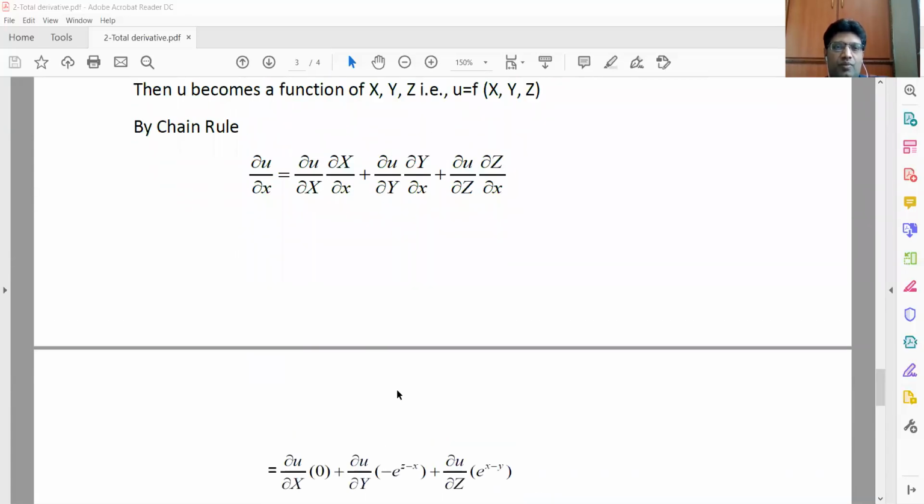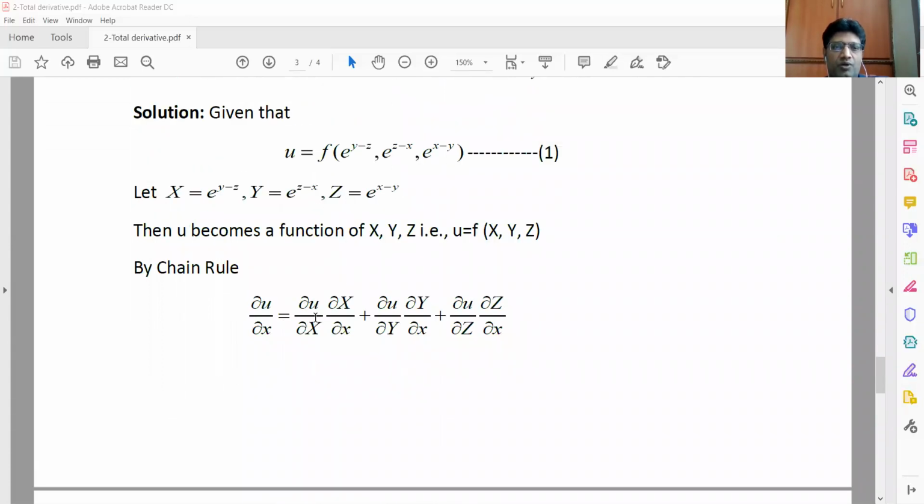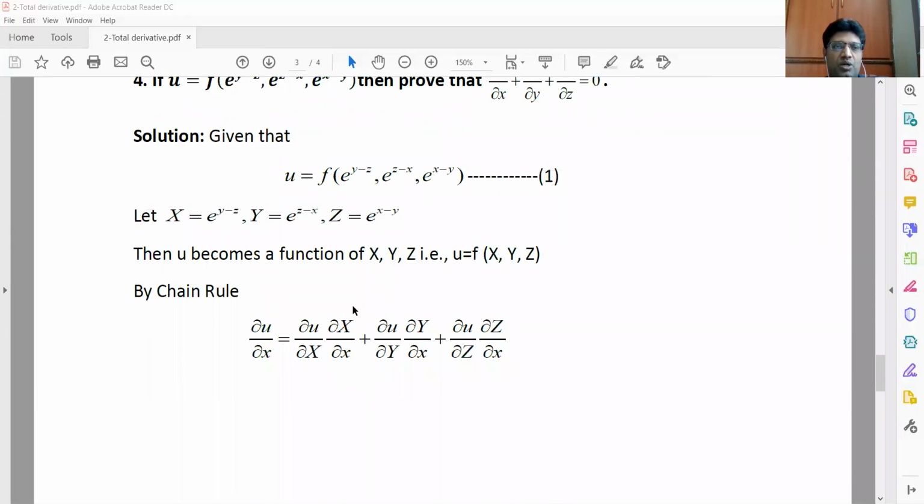So now, ∂u/∂X, what is u? ∂u/∂X as it is. ∂X/∂x is 0 because there is no x here.